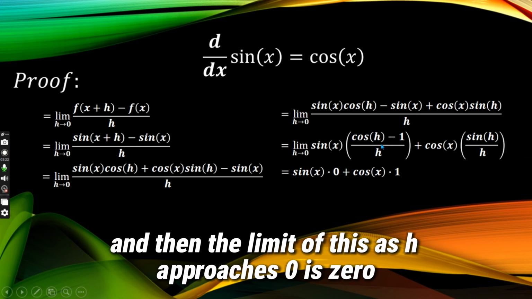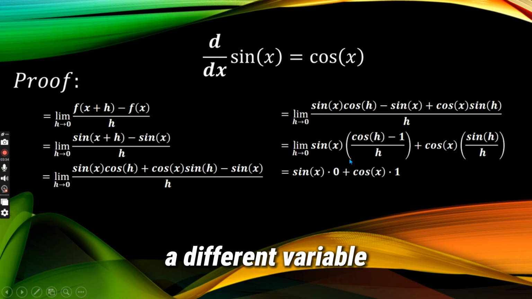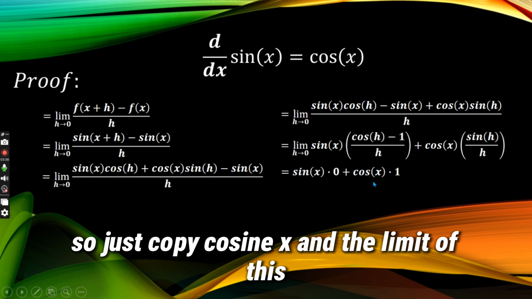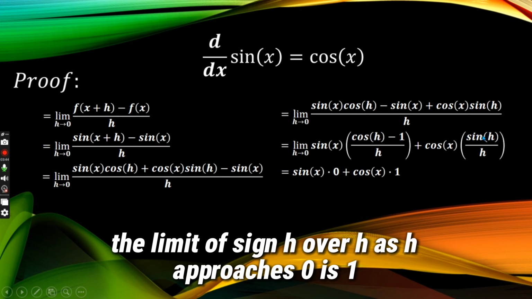And then the limit of this as h approaches 0 is 0, plus the limit of cosine x as h approaches 0, a different variable, so just copy cosine x. And the limit of this is very common as well. The limit of sine h over h as h approaches 0 is 1.